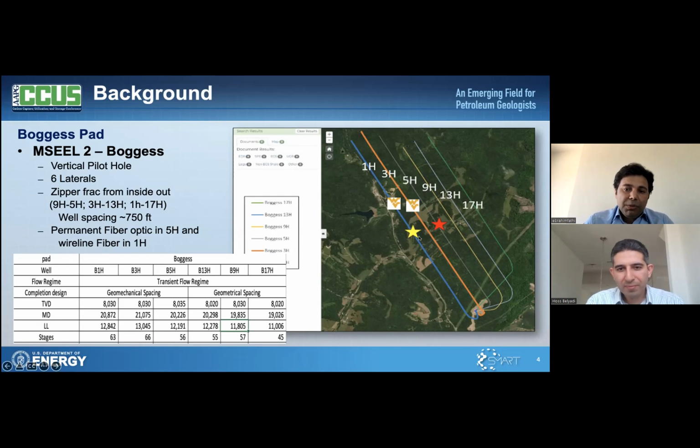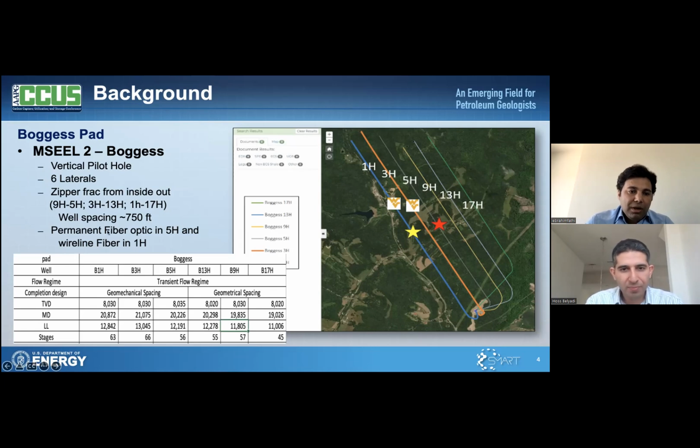So with the retrievable fiber optic cable, we are monitoring the 5H and 9H stimulation, but 5H does have permanent fiber optics, with which we monitor the other wells' stimulations.